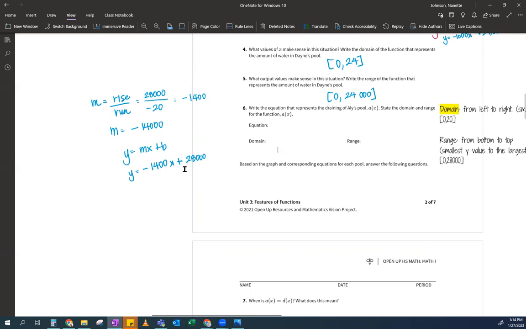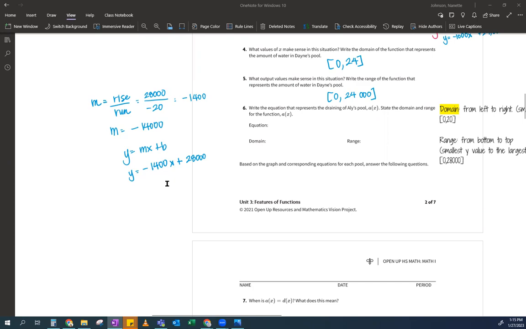Yeah, it's how much water there was in her pool in the very beginning before she started draining her pool, right? Or you can think about it as how much water she needs to get rid of. Okay. Physically, it is the intercept, but I was more looking for the context of the problem.